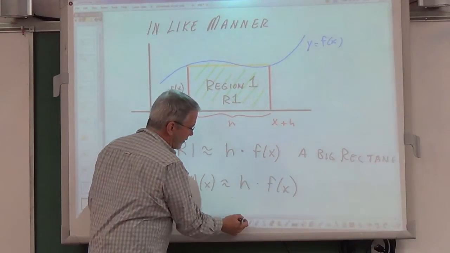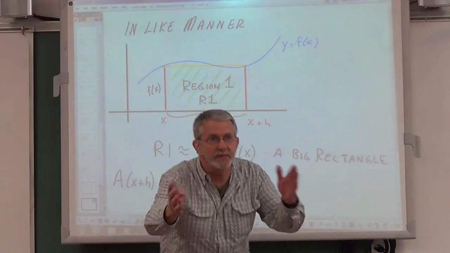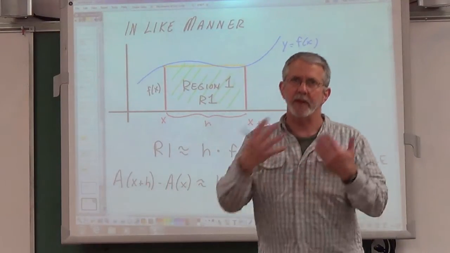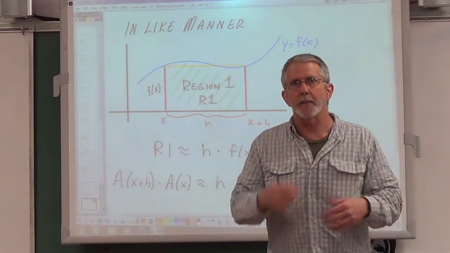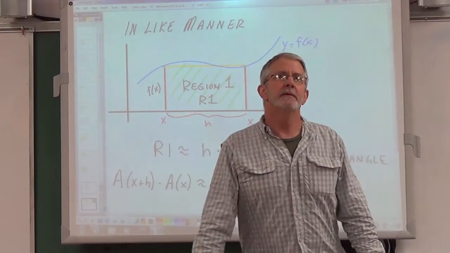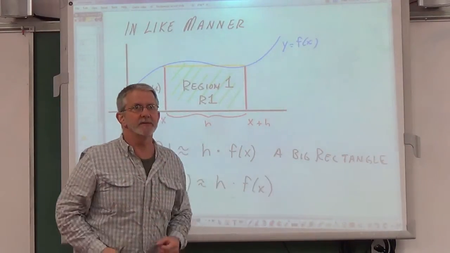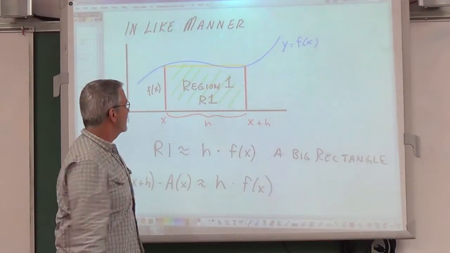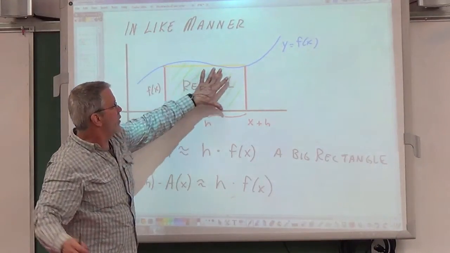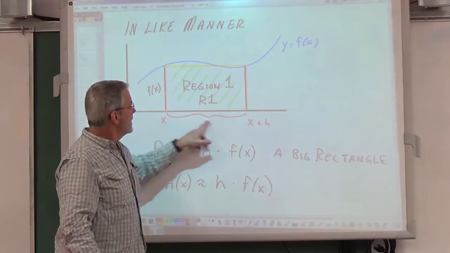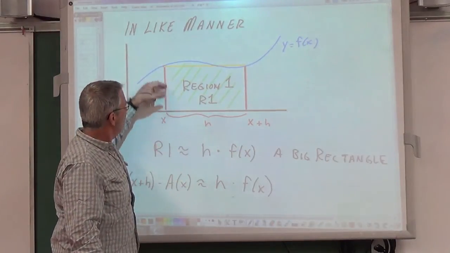Base times height. We've done a lot of base times height when we were developing the definite integral. We did rectangles, and infinitely many rectangles. But I don't want a big rectangle right there. Base of h, height of f of x.